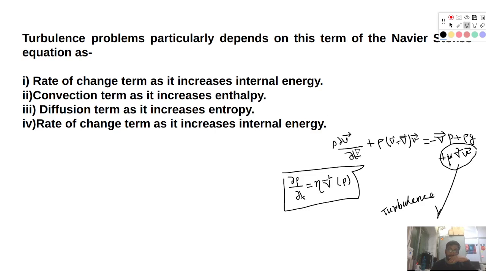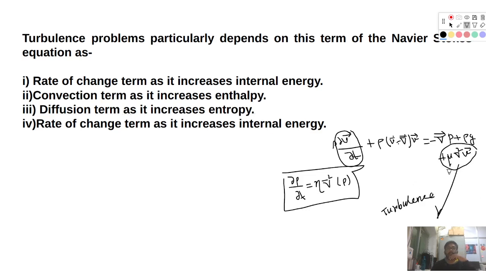Here you see this is the rate of change term, del V del T. This is not going to increase your internal energy at any cost, right? It does not have any dependency or connection with the internal energy. The second is the convection term, as it increases enthalpy. That is also not true. Now the third is the diffusion term, as it increases entropy.